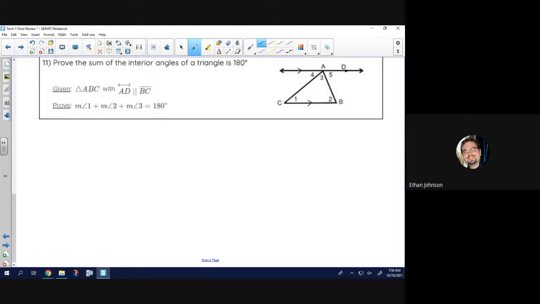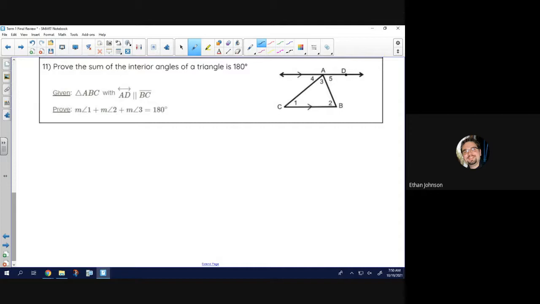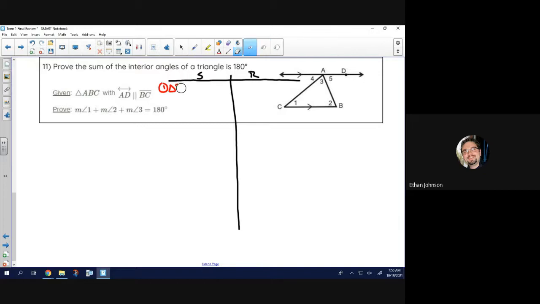Now we have one last proof to look at. The interior angles of a triangle sum to 180. We have a given statement, triangle ABC, with line AD parallel to BC.